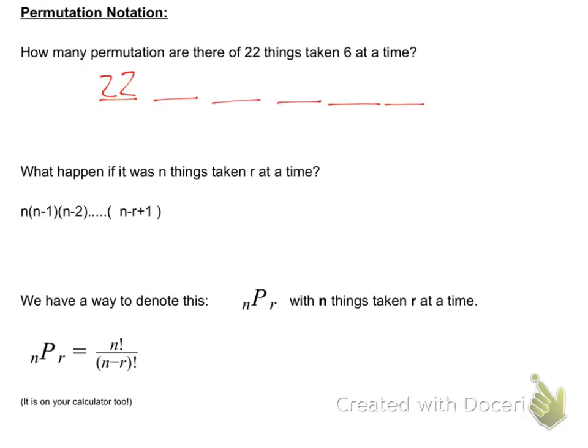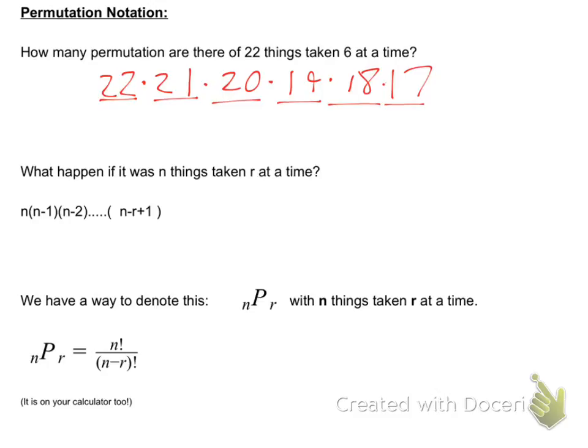But as soon as you take it, is there still 22 things left? No, there's only 21. And then there becomes 20, 19, 18, 17. And what you can do, guys, is you multiply the number of things that you can choose from together, and that will tell you how many different permutations there are of groups of 6.